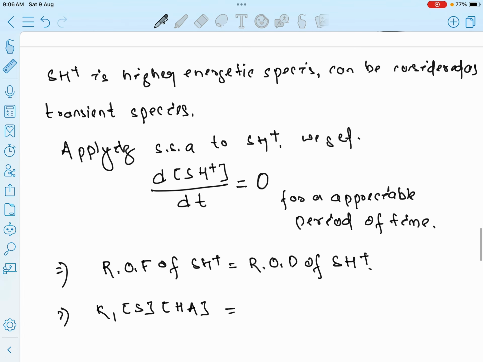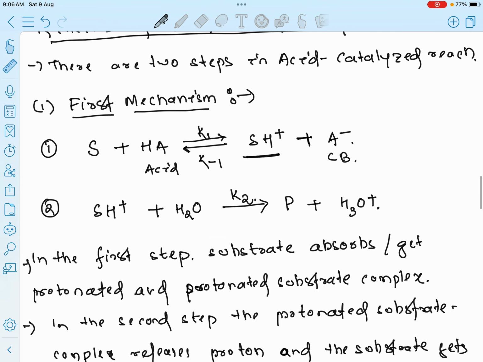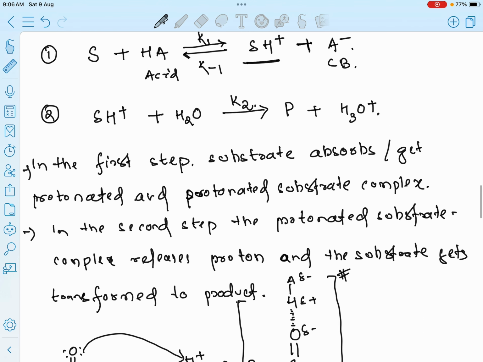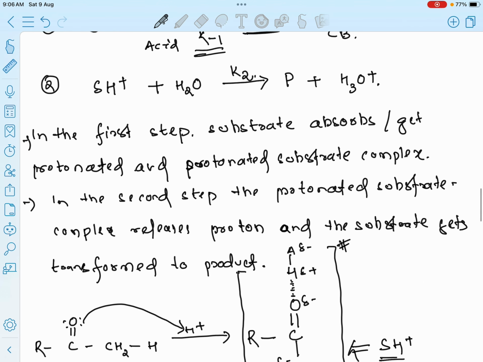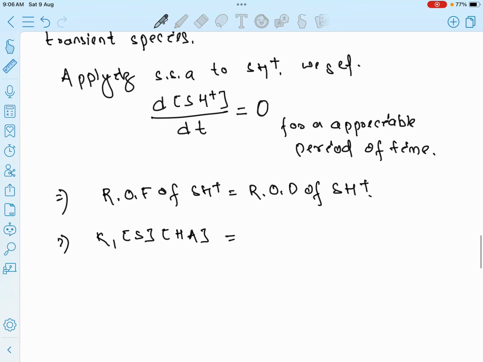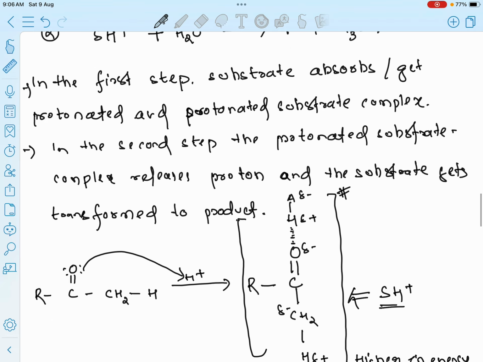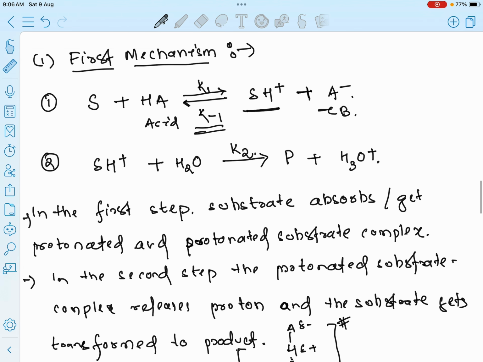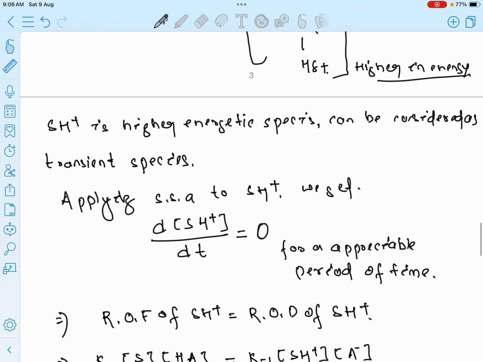Rate of deformation: in which step is the SH plus concentration degraded? Backward reaction. The involved rate constant is K minus 1, the reactants are SH plus and A minus. This I am talking about, the conjugate base.